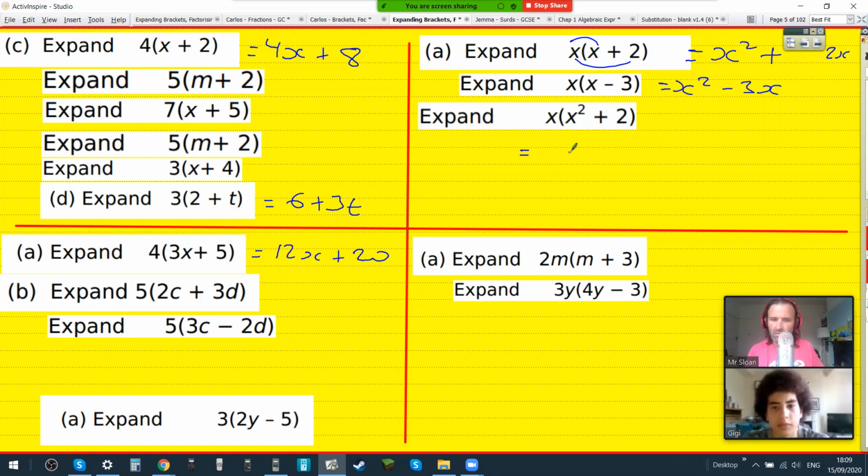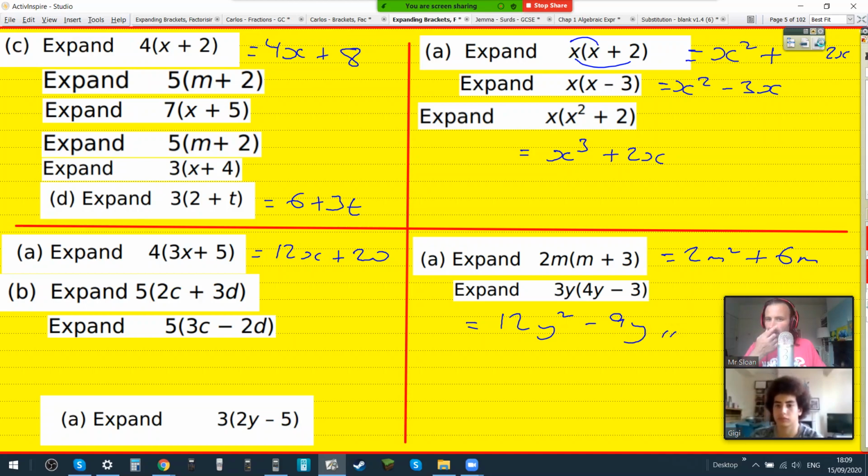X cubed plus 2x. Well done. And about these? 2m squared plus 6m. And this is the one that gave you so much trouble at the start. Try it now. 12y squared minus 9y. Great.